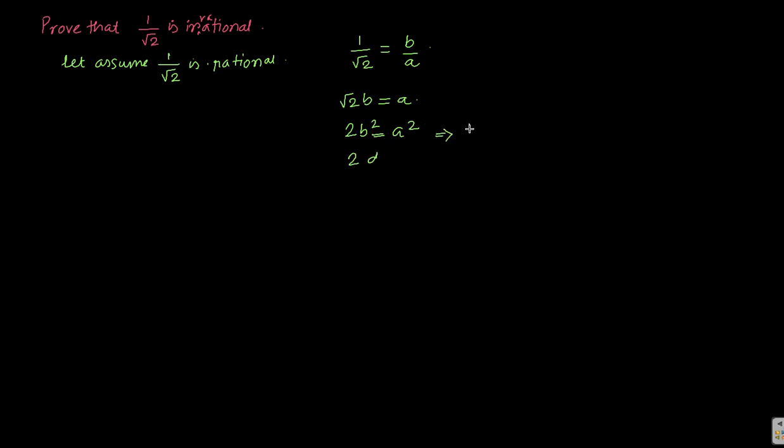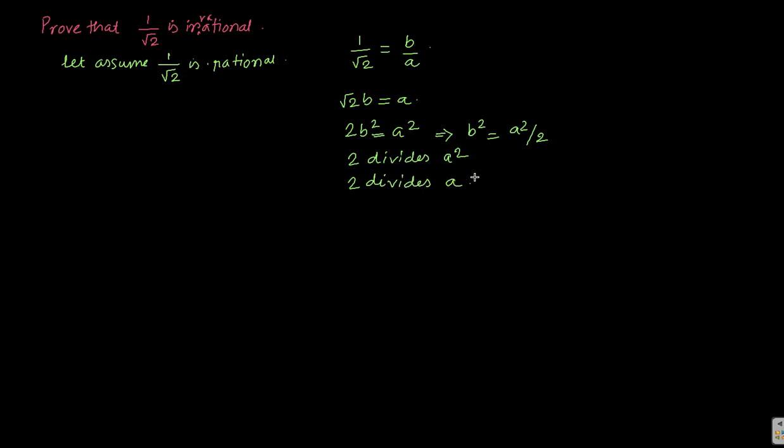It implies that b square is equal to a square by 2. It means that 2 divides a square. Again it implies that 2 divides a.